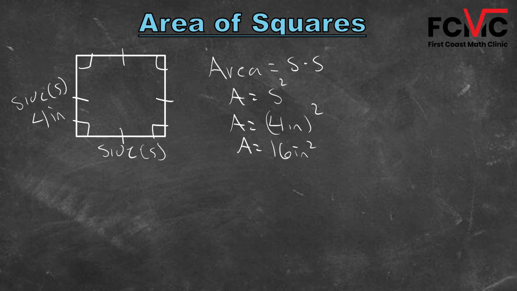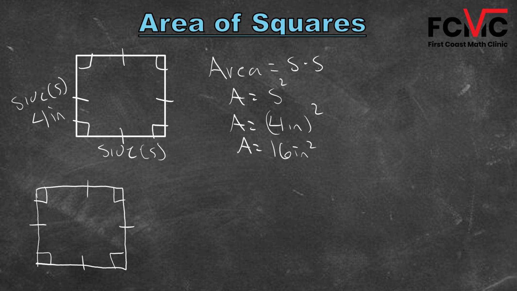Let's say we've got a square here. Again, 4 right angles, 4 congruent sides. Let's say we don't know our side length, so we'll just call our side length X, but we know the area is 144 feet squared.